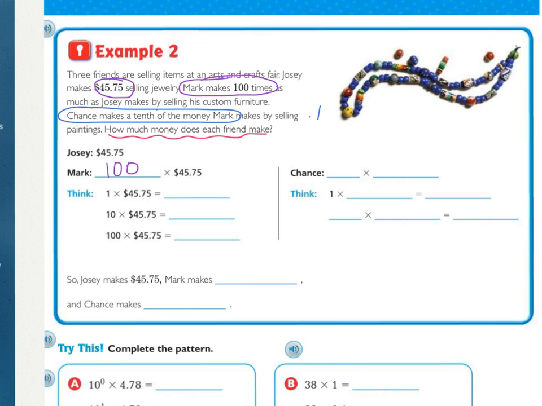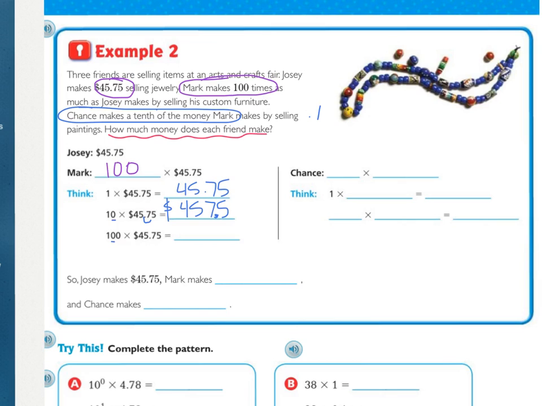So we know that $45.75 times 1 is just $45.75. Times 10, I'm going to have to keep my digits the same, but I need to move my decimal. Now it's times 10, so I'm moving it to the right, and there's 1 zero, so I'm moving the decimal 1 time.